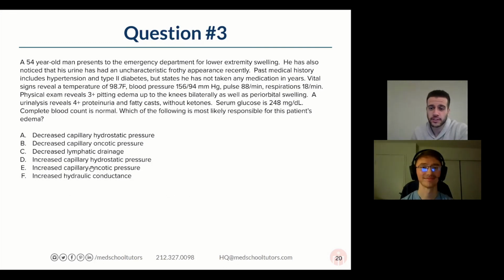So great, people are already chiming in. Diabetic nephropathy, nephrotic syndrome. Perfect. So this is nephrotic syndrome, presumably related to his diabetes. Losing a lot of protein. Think about protein as that substance in your blood that helps hold on to fluid, helps pull fluid into the intravascular space. It's osmotically active.